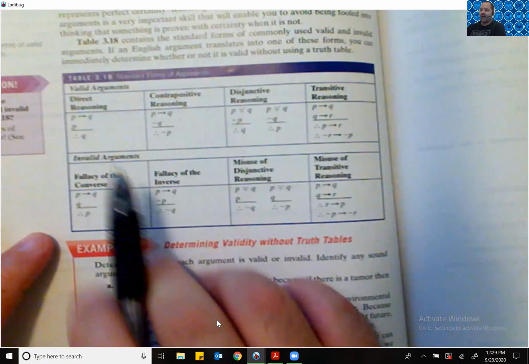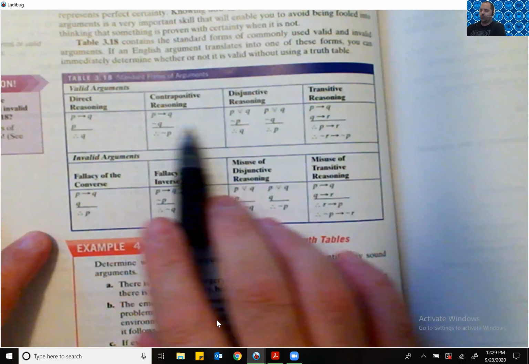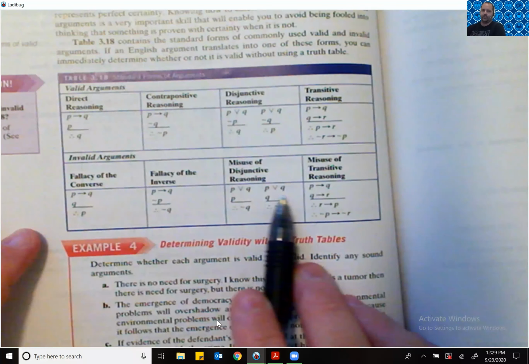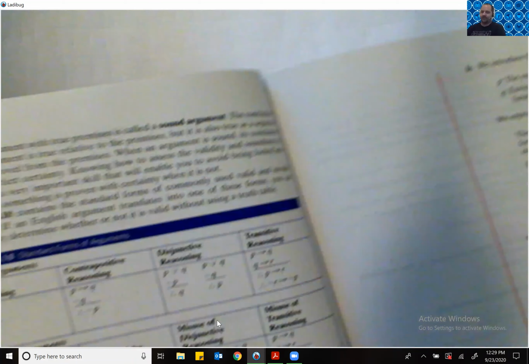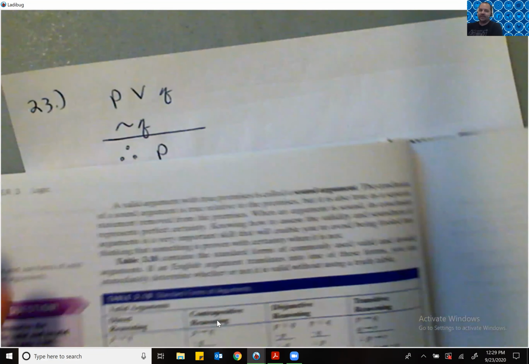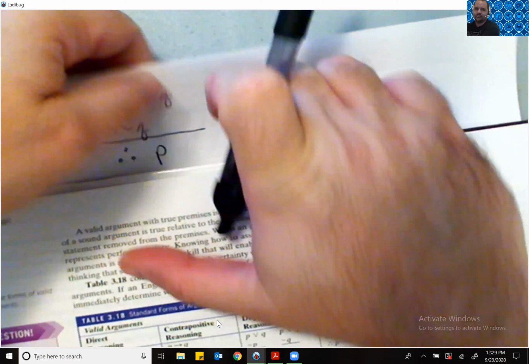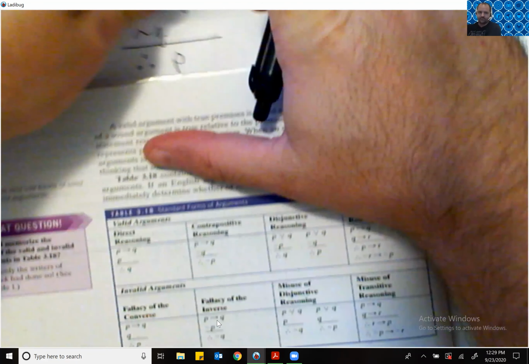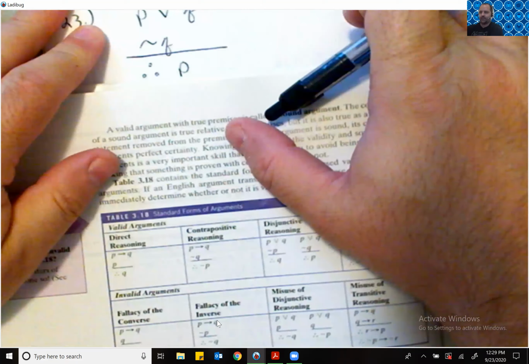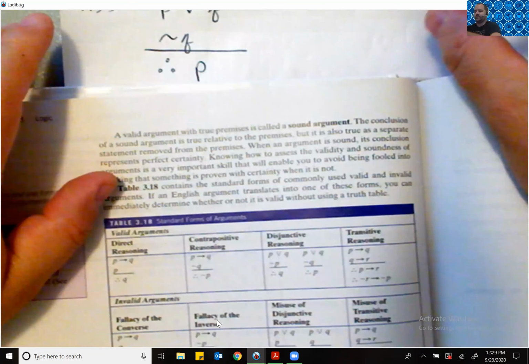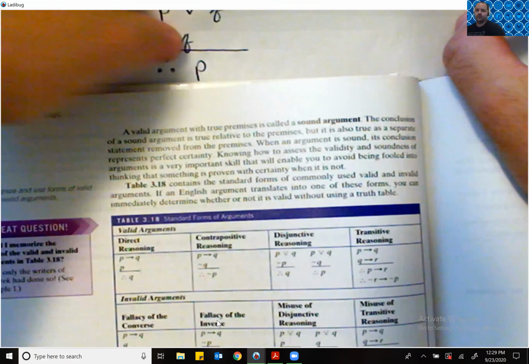These top ones are valid. These bottom ones are the invalid ones. So one thing you could do, depending on if your professor lets you have this or not, you could take these symbols and see if I can get these both on the same screen. Actually, I can do this. There we go.